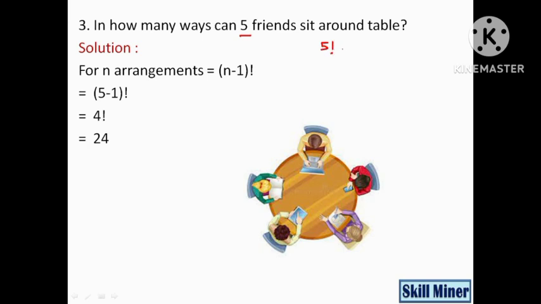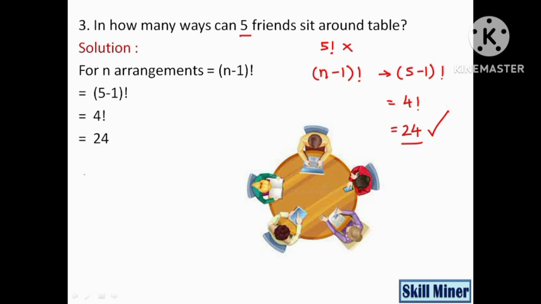But this is a circular permutation, so you cannot simply write 5 factorial; it will be wrong. You need to write n minus 1 factorial. This formula gives 5 minus 1 factorial, which is 4 factorial, equal to 24. 24 will be our answer.